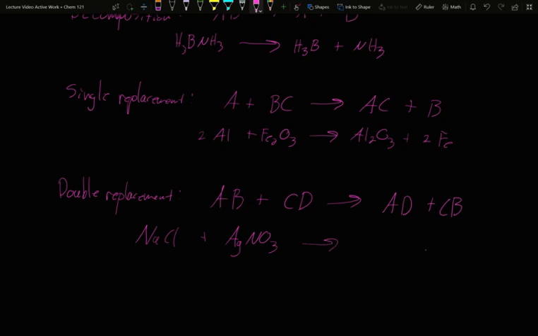Well, if your sodium and your nitrate are now paired, and your silver and your chloride are now paired, both things had full rearrangement. Every mole or every ion swapped with some other ion. And so this is a double replacement.